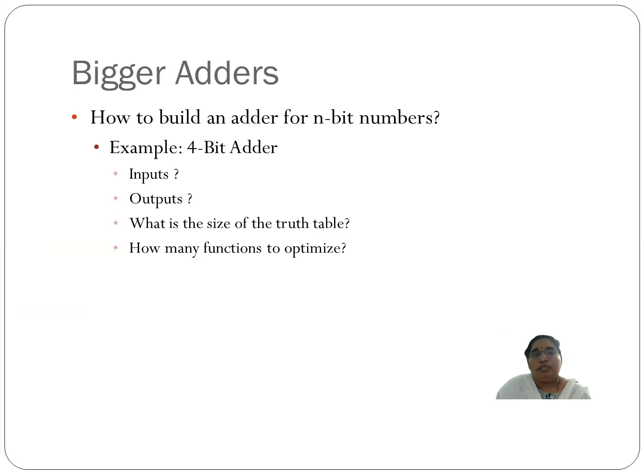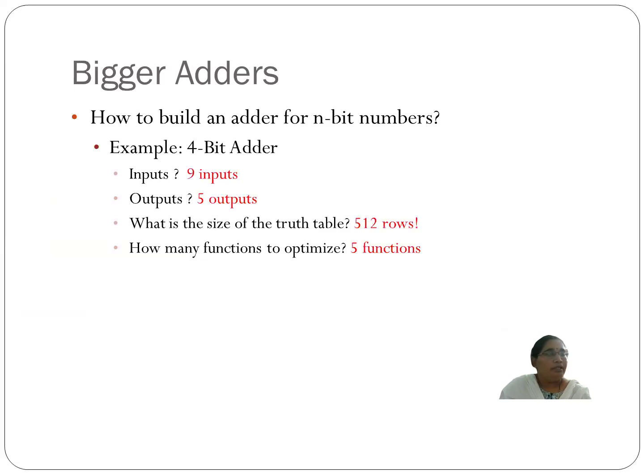So if we want to implement it like a normal combinational circuit, this circuit consists of 9 input bits and 5 output bits, which will be very complex to implement. It requires 2 power 9 rows in the truth table.